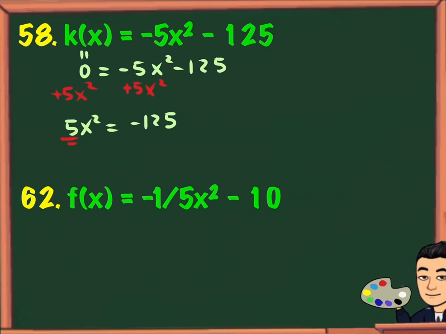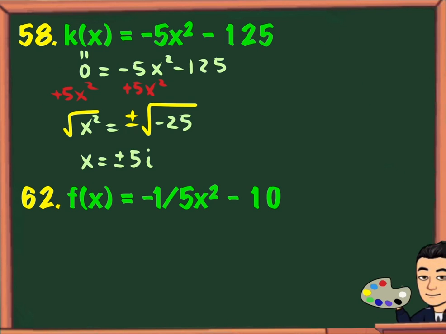I'm going to go ahead and divide by 5 on both sides. So x squared equals -25. Now I'm going to take the square root on both sides. So this becomes positive and negative. So x is going to equal positive and negative 5i.